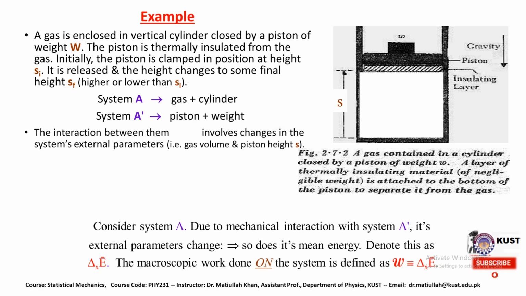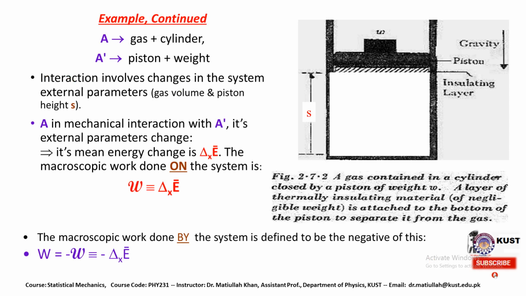So does this mean an energy change? We denote this as del XE, and the macroscopic work done on the system is defined as W is equal to del XE. We can calculate the magnitude of this macroscopic work done, W is equal to del XE.